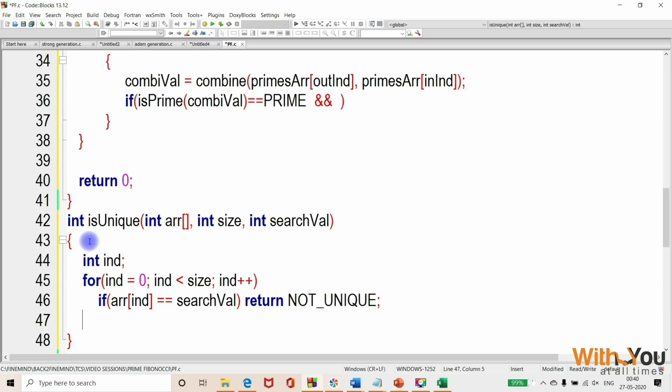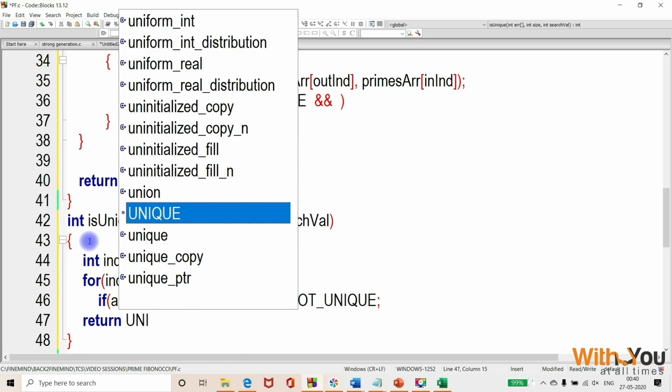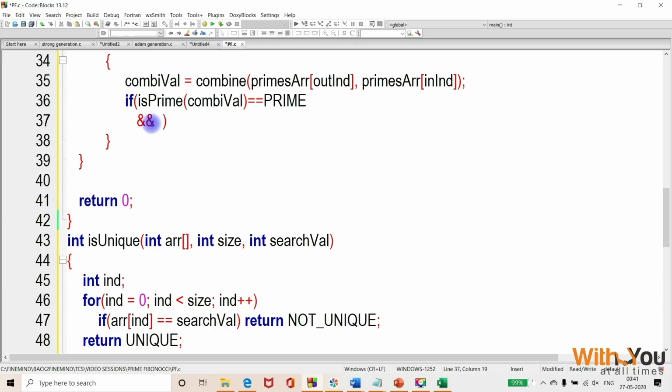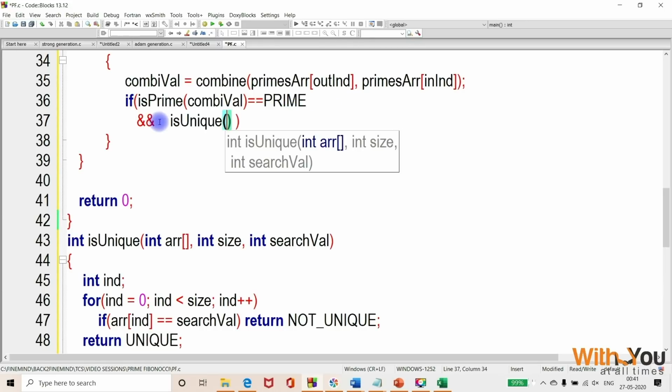If he crosses the entire array and comes out, then he is unique because he didn't find the value at all. Return unique. That's it. Over 5 lines. And is unique. So who is the array here?